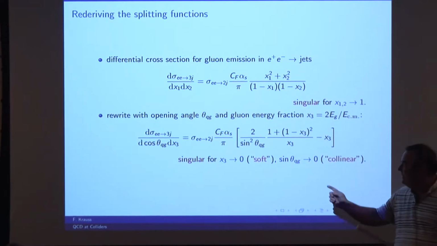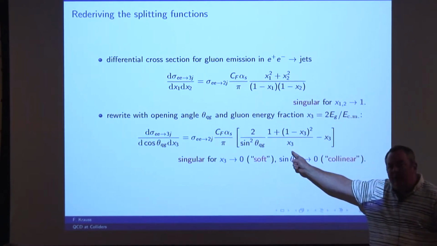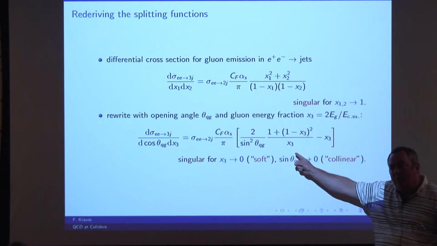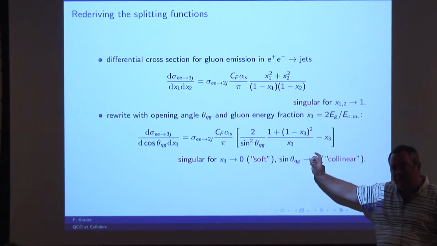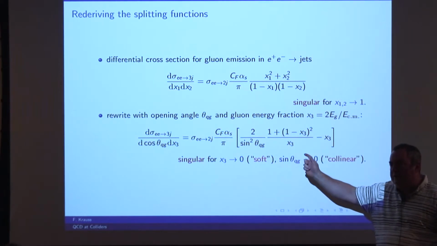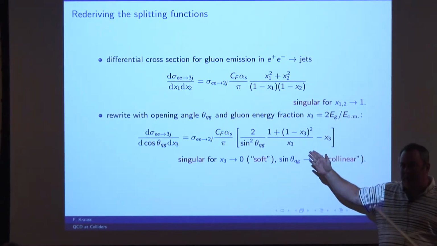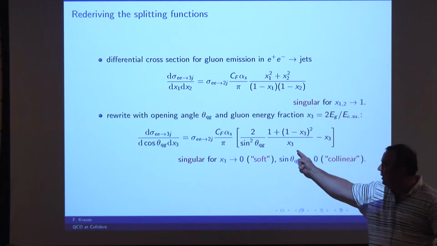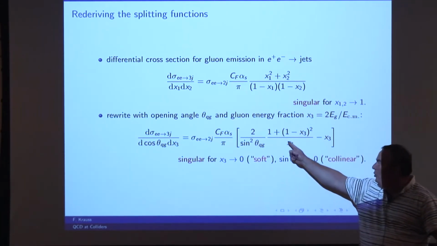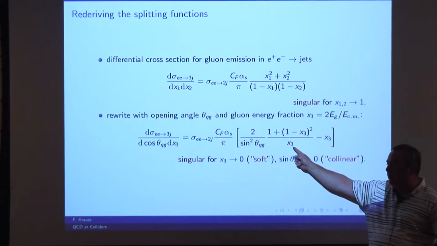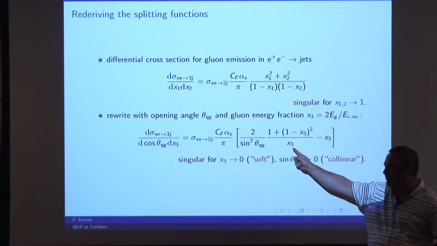And what you realize is, if x3 is the energy of the gluon after the splitting, the energy of the quark after the splitting would be 1 minus x3 if you factorize it and you pretend the other quark doesn't feel the pain. So if we replace x3 by 1 minus z, you get 1 plus z squared divided by 1 minus z. That's exactly the splitting function.